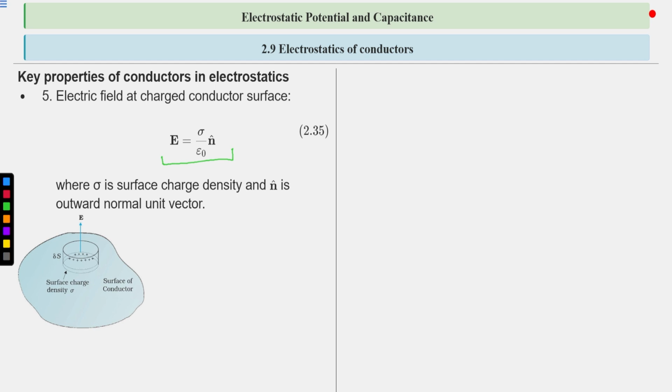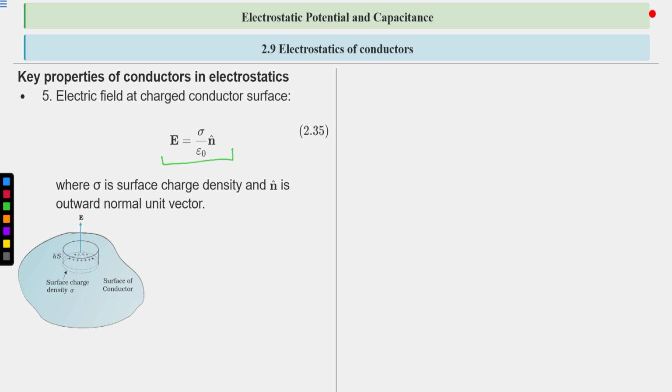This pillbox is partially inside and partially outside the surface, and this surface is charged with surface charge density sigma. Inside the conductor there is no electrostatic field.